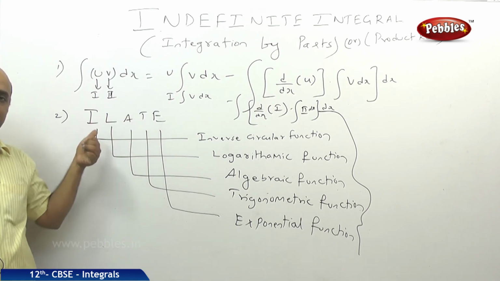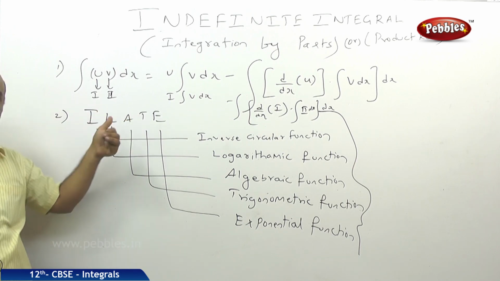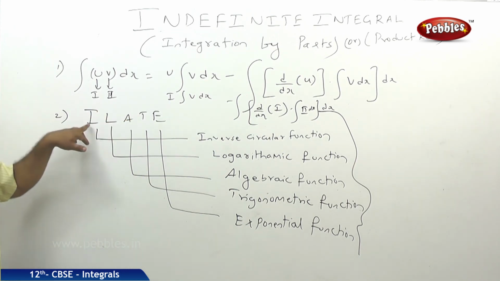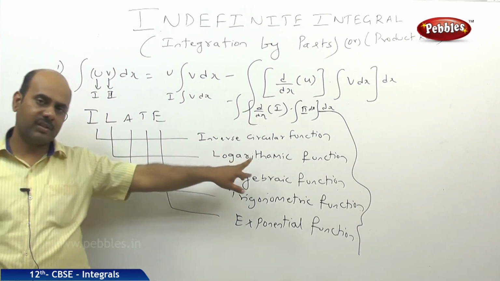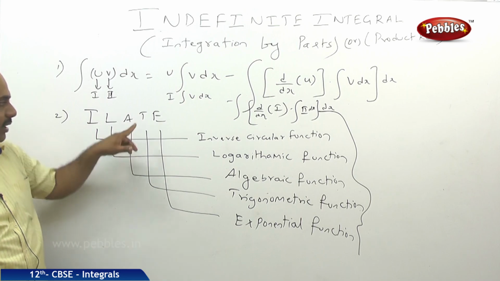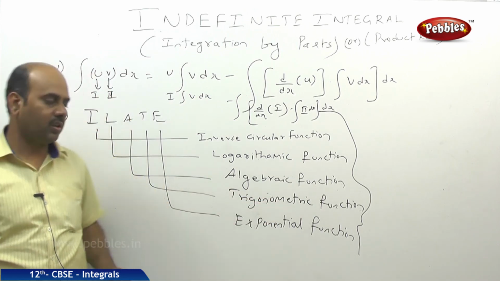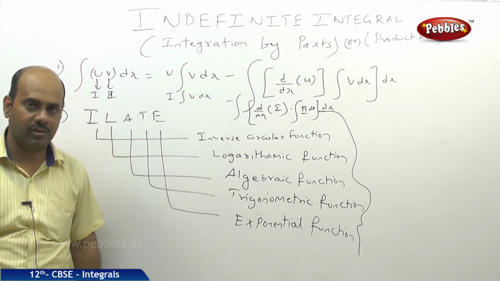The rule is a famous rule called ILATE, I-L-A-T-E. I refers to inverse circular function, L refers to logarithmic function, A refers to algebraic function, T refers to trigonometric function, E refers to exponential function.